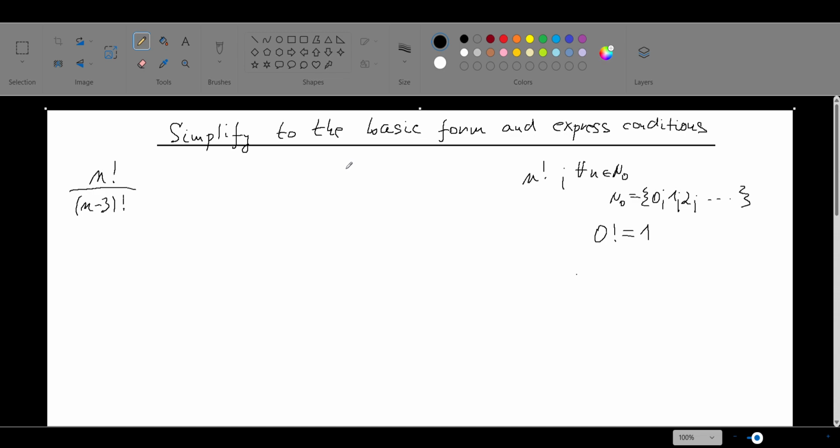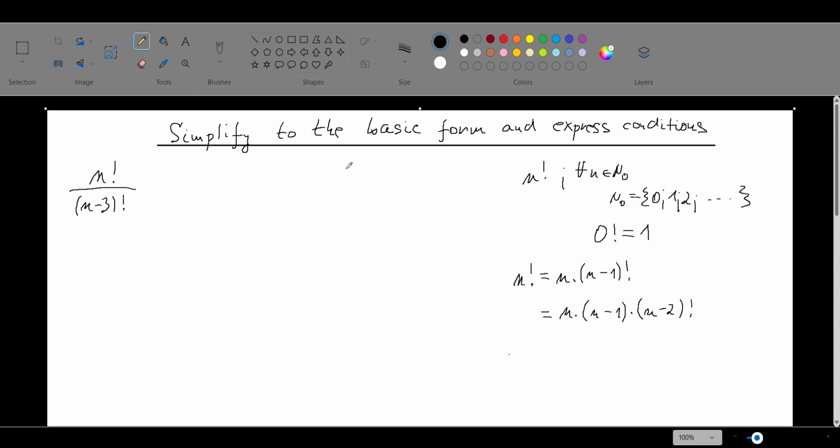Next thing, before we start simplifying our given expressions, it is important to remind you and explain also a tricky thing: n factorial can be written as n times n minus 1 factorial, for example, which is also equal to n times n take away 1 times n take away 2 factorial, and so on and so forth.